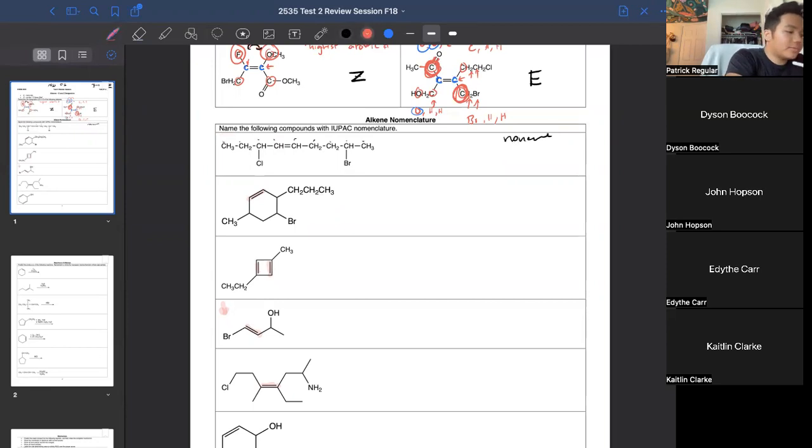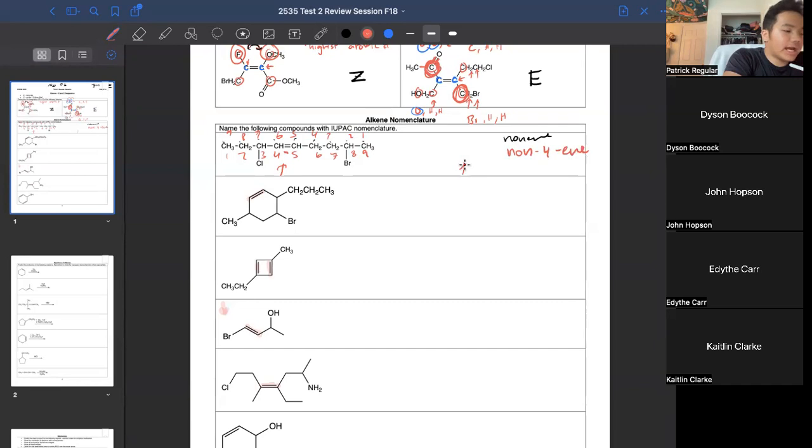If we number it either way, 1 through 9, which one gives us the lowest number set? The lowest numbers for that alkene: 4 and 5 definitely beat 5 and 6. So we want this one. It'll be a non-4-ene.